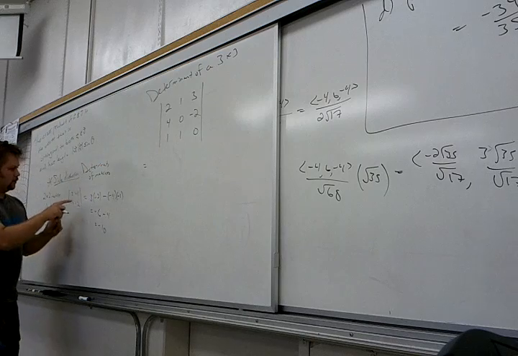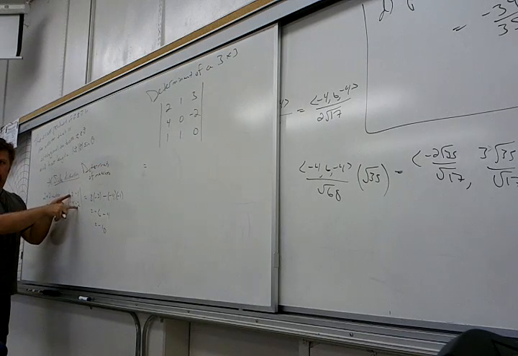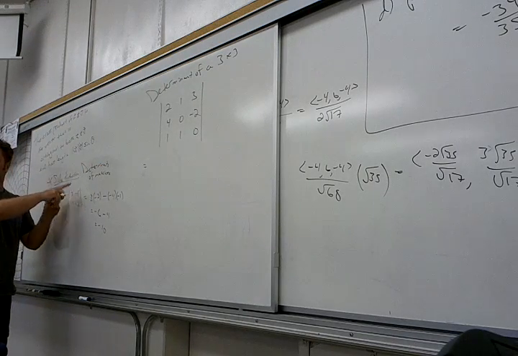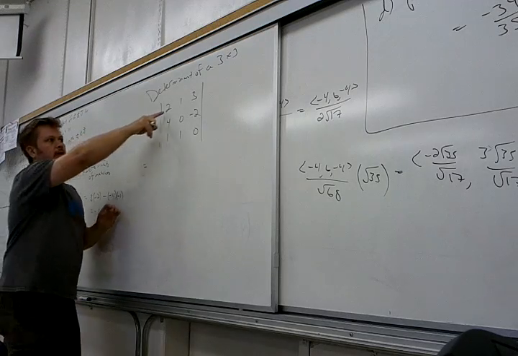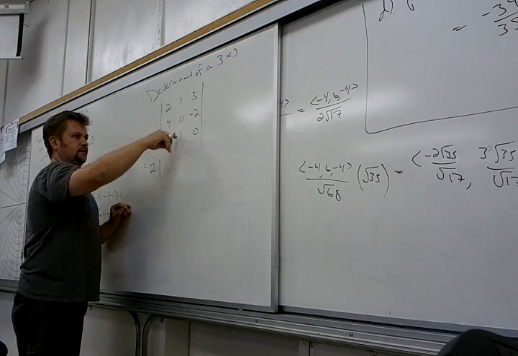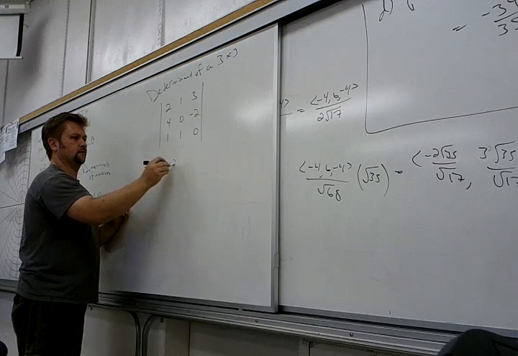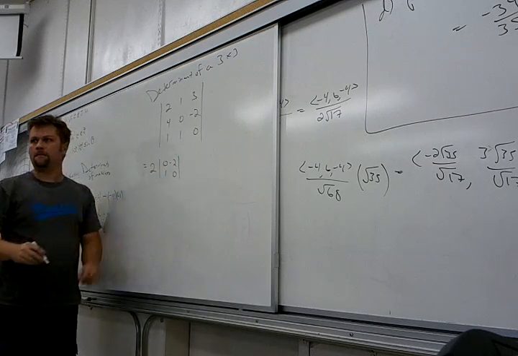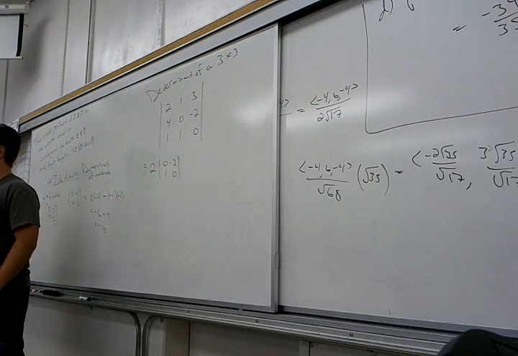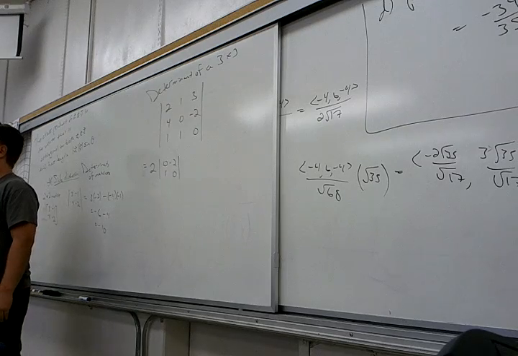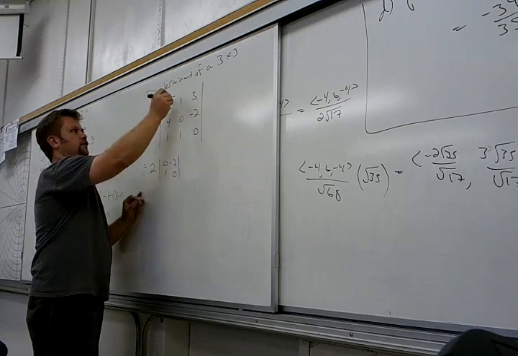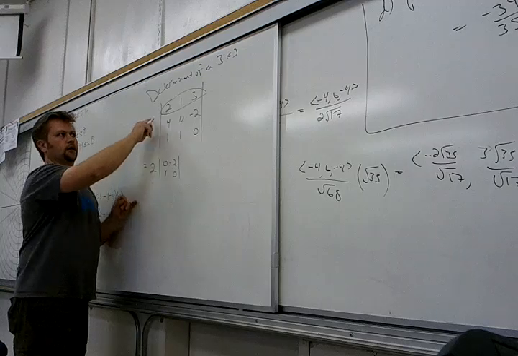Here it would be 3 times that number minus negative 4 times that number. Here I'd have to do 2 times the determinant of this matrix. So I'm going to do it around this first row, going in order.